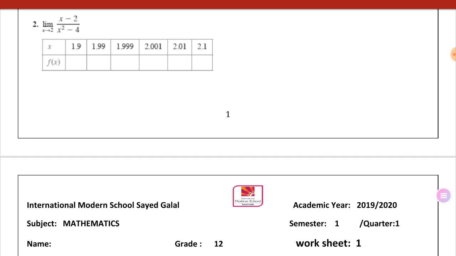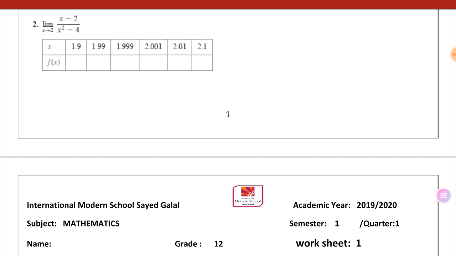It means approximately which value of y the function approaches when x approaches a given value of x.